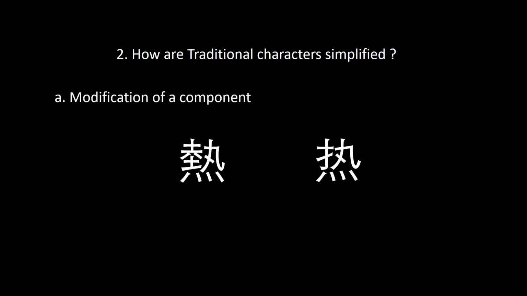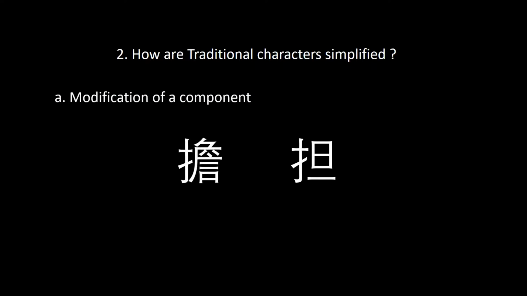Now, this second character is the character for 热, which means hot. In this case, this particular component got simplified into something like this. But the entire word in general still looks about the same. So it doesn't make a lot of difference. You can still recognize it.